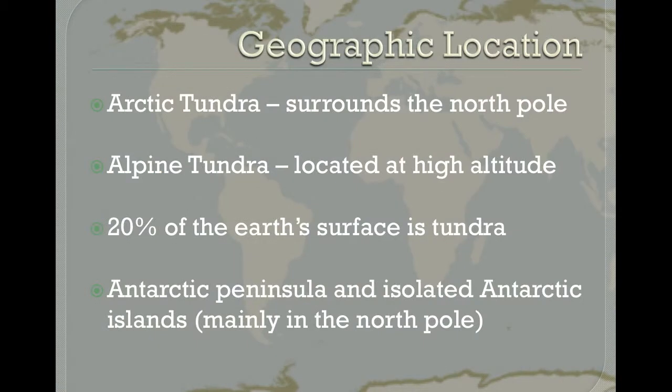The Arctic tundra surrounds the North Pole. Alpine tundras are located at high altitudes. 20% of the Earth's surface is covered in tundras. The Antarctic Peninsula and isolated Antarctic islands, mainly in the North Pole, are all tundras.